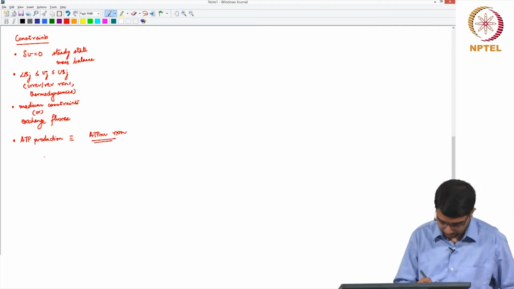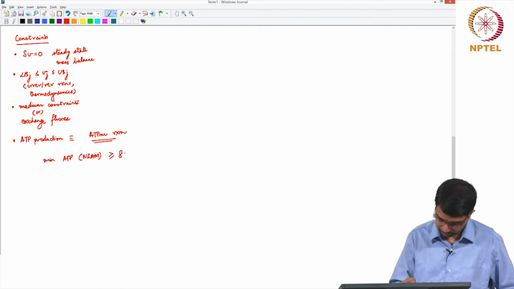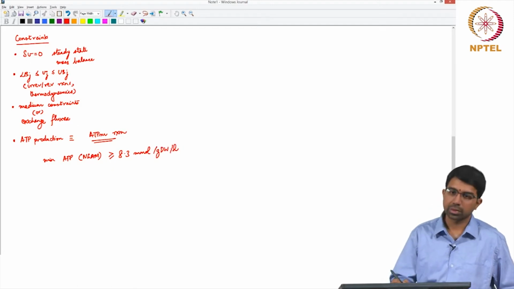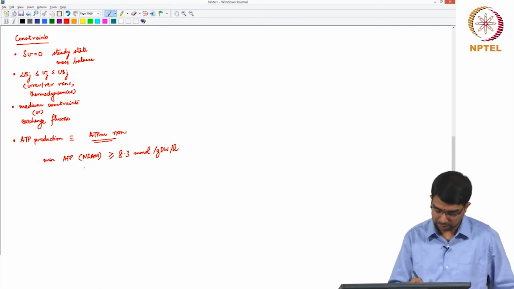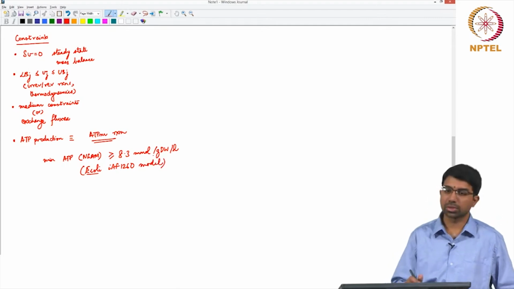You say something like my minimum non growth associated maintenance ATP is something of this sort. This is the constraint that is there actually in the E. coli iAF1260 model.